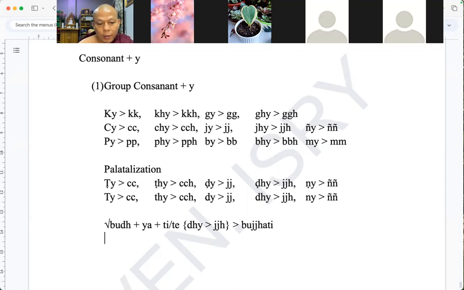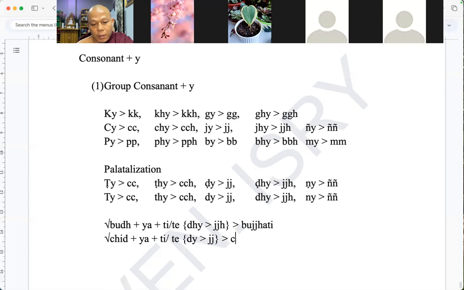And the same way, ru, cheat, then the passive suffix ya and d or d. At that time, da-ya becomes ja-ja.